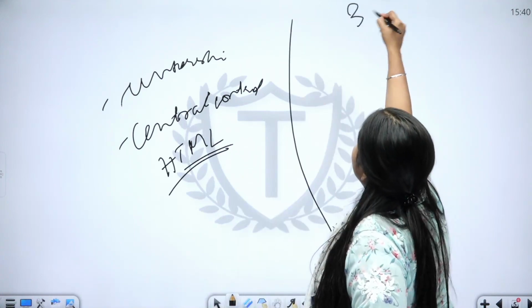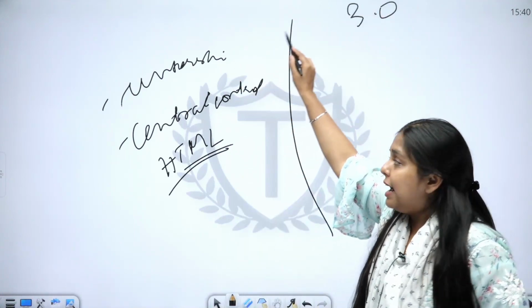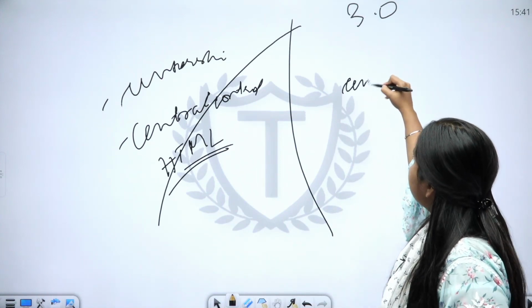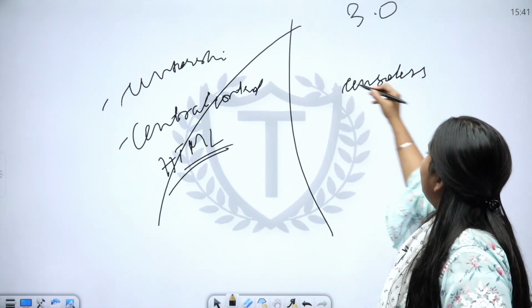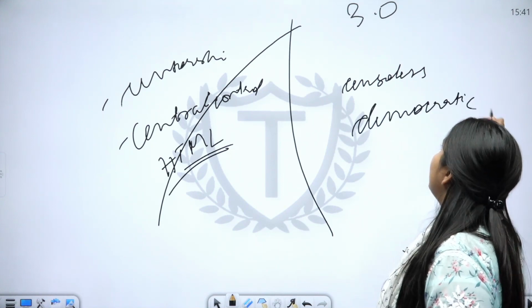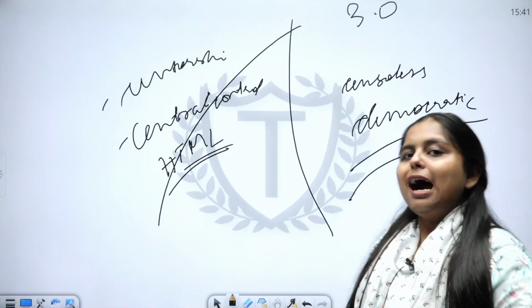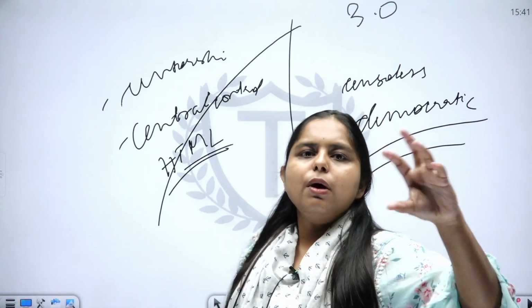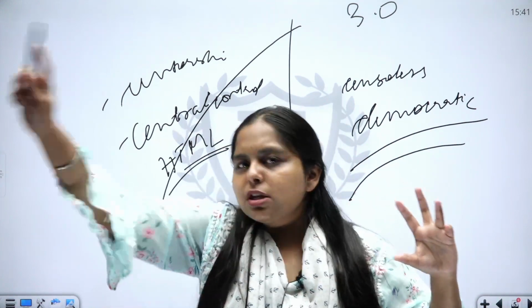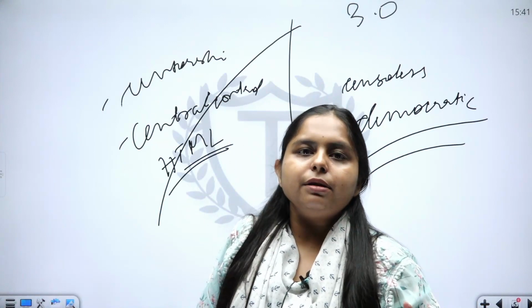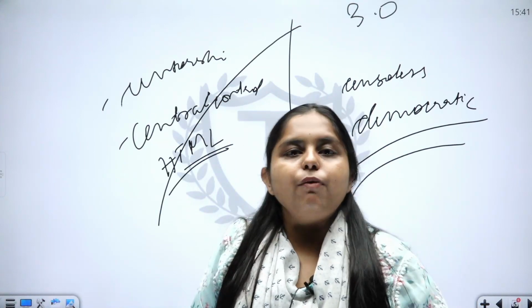In Web 3.0, we have tried to eliminate all this and we have brought a censorless, democratic form of web, wherein I can upload any information, I can reach you anywhere across the world without any central nodal authority. This is the beauty of Web 3.0.